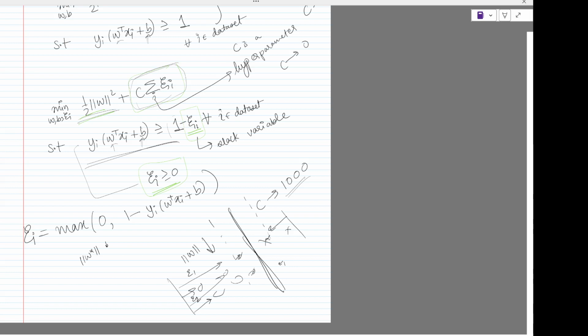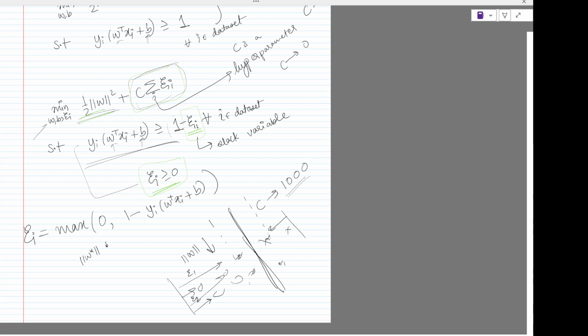So if you see, this is quadratic in w and linear in psi i. So this can be solved by optimization tools. Optimization of W will help us.